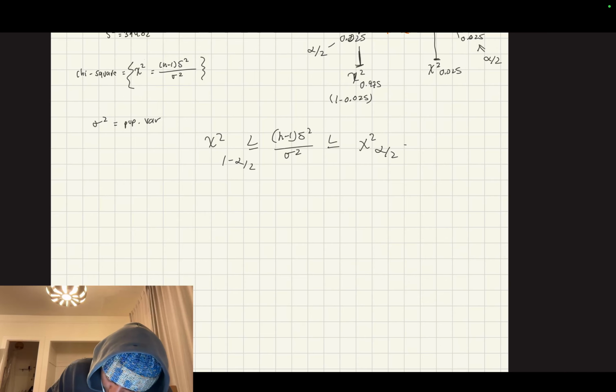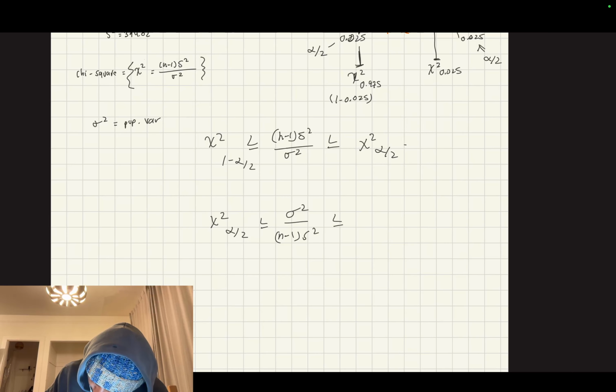That'll look like this: flip our interval, with n minus 1 times s squared on top, over chi-squared at 1 minus alpha divided by 2. Then multiply this out by n minus 1 times s squared.